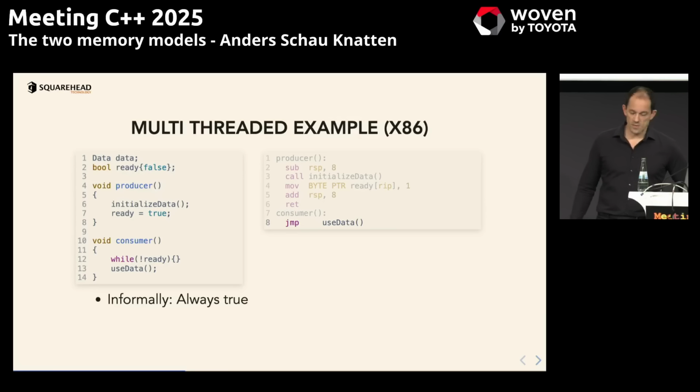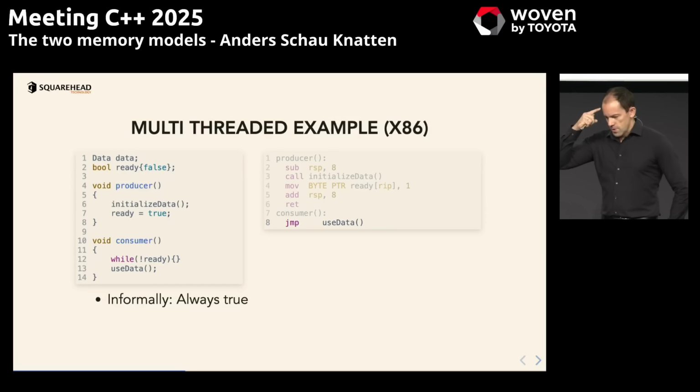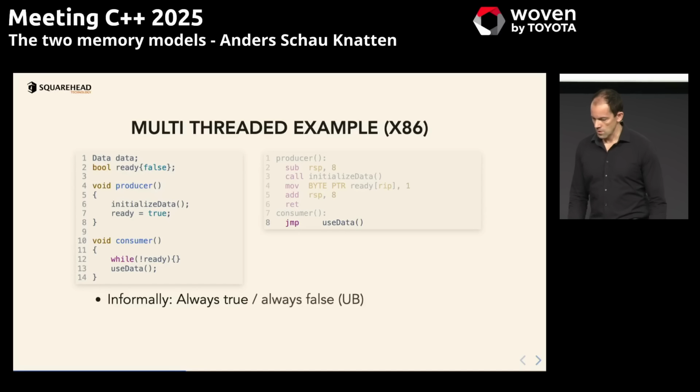So let's see what happens with the while loop. We can think about it informally. The intuition is that either ready is always true, in which case you don't need the loop, you can just use the data. Or it could be always false, which means you have an infinite loop, and a trivial infinite loop like this is, at least for now, undefined behavior.